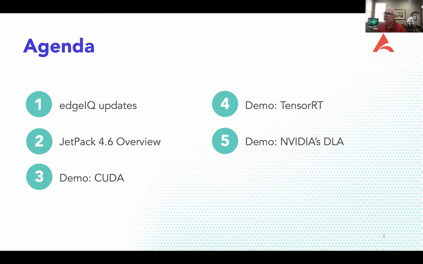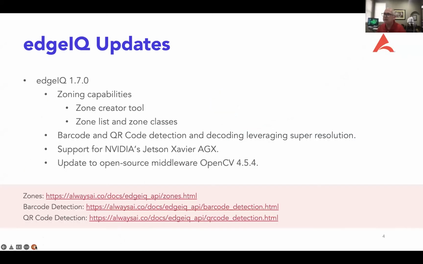We'll do a demo on CUDA and then TensorRT, and then we'll move to the NVIDIA DLA, their deep learning accelerator, which augments some of the processing to the GPU. So that's the busy agenda we have today. Let's go ahead and get started.